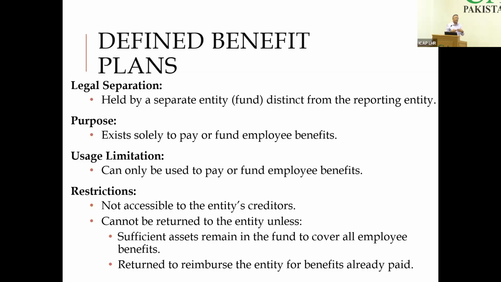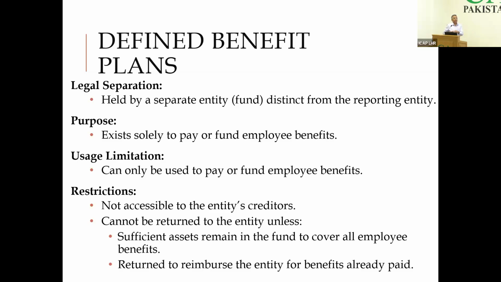There are certain exceptions: if there is an extra payment made by the employer, or there are certain arrangements by the employer with the defined benefit plan, that if there are certain extra earnings they can get a certain amount back from the employee benefit plan. Otherwise, plan assets are only available to pay employee benefits, not the creditors of the employer.